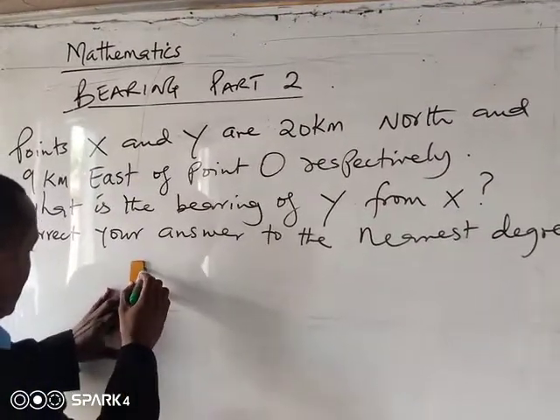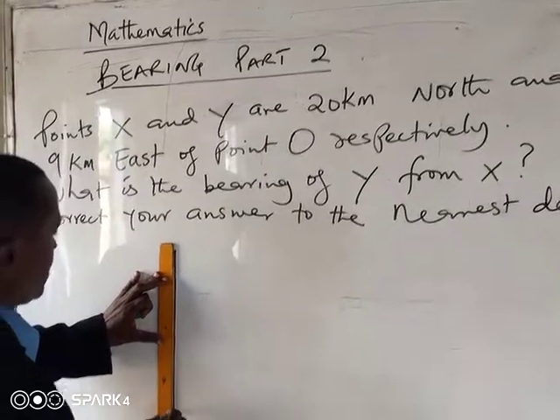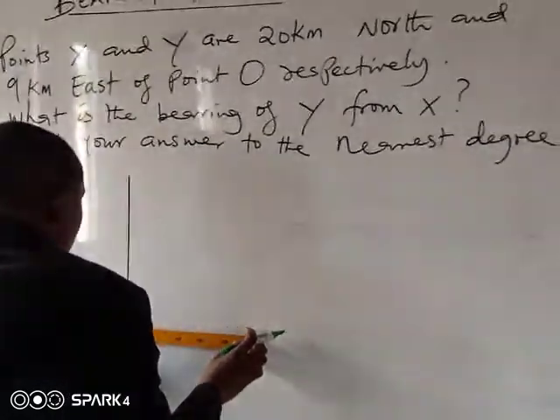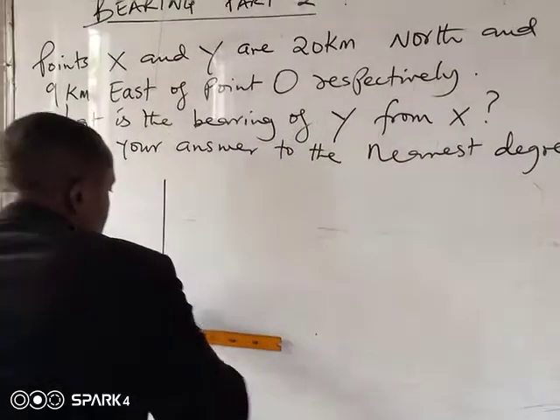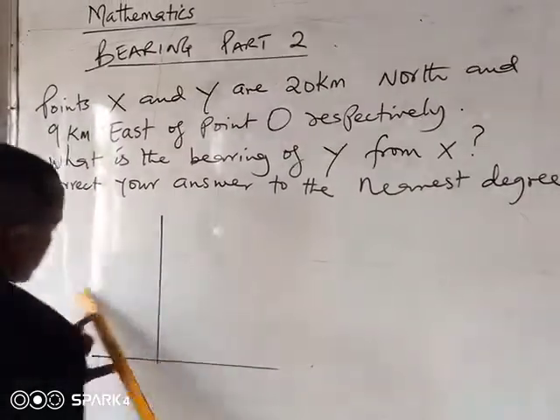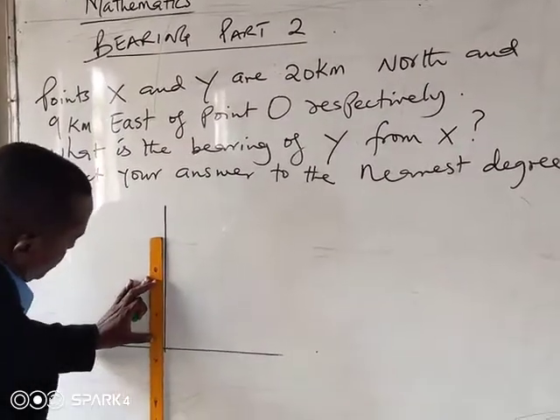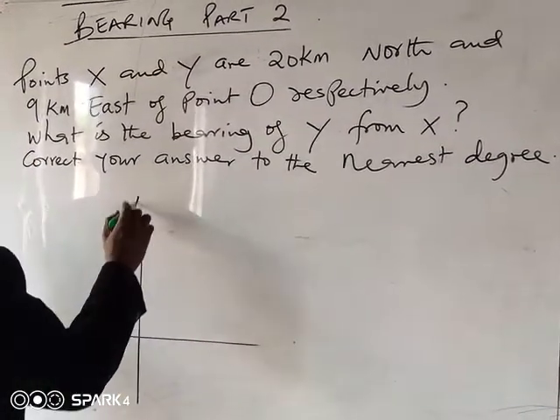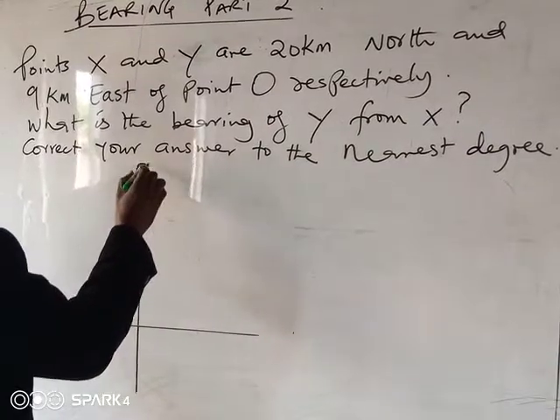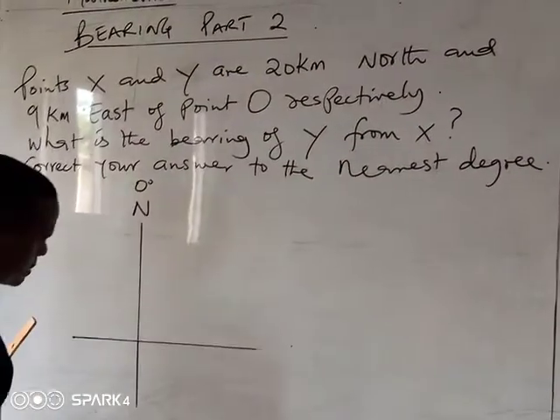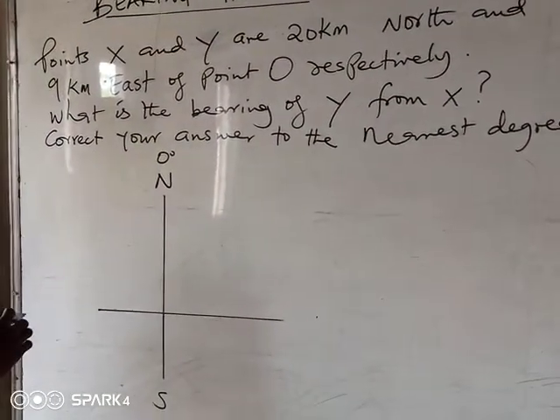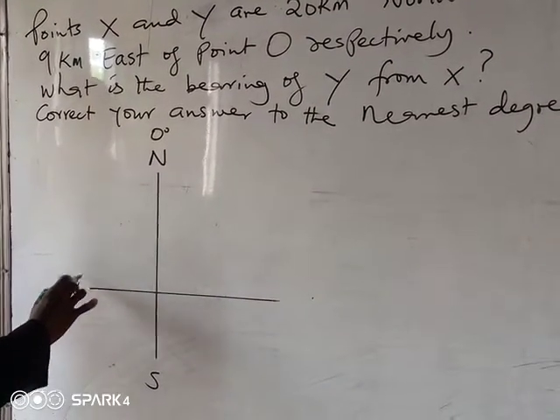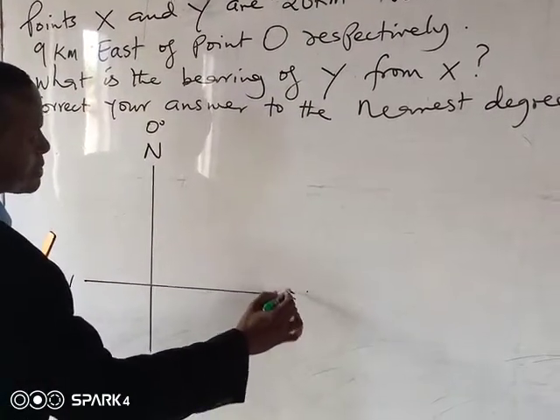I draw a straight line, and this is my north, which is 0 degree. This is my south, the north pole and the south pole. Of course, you know this is my west and this is my east.